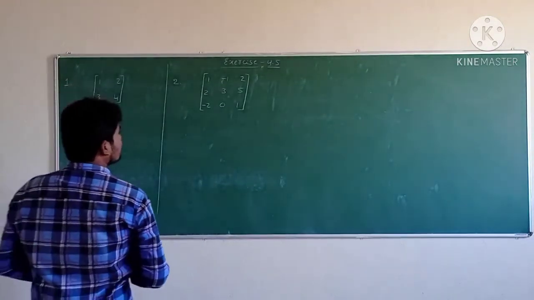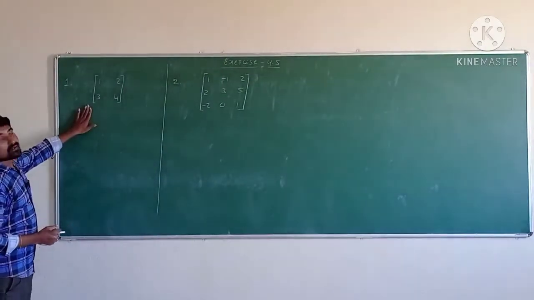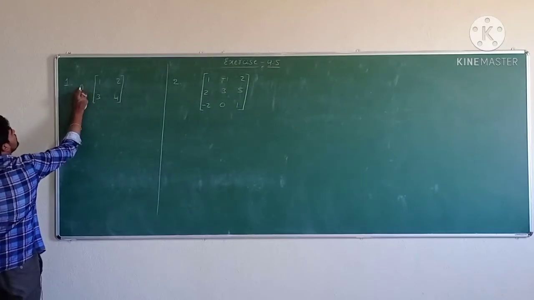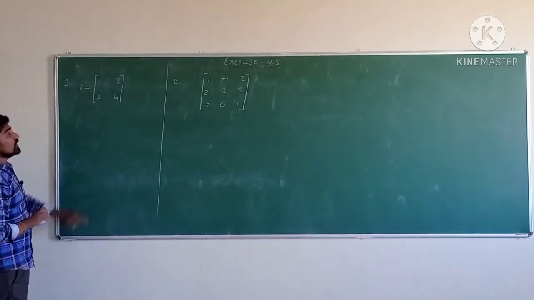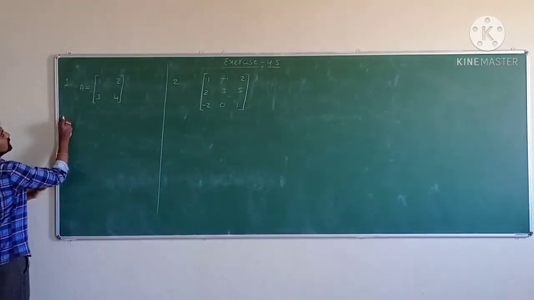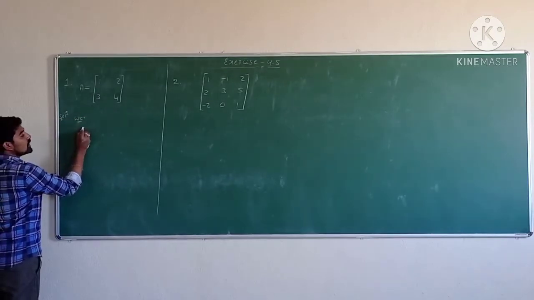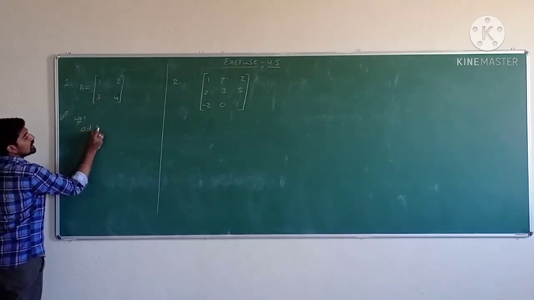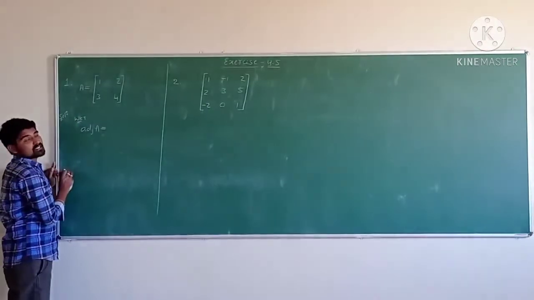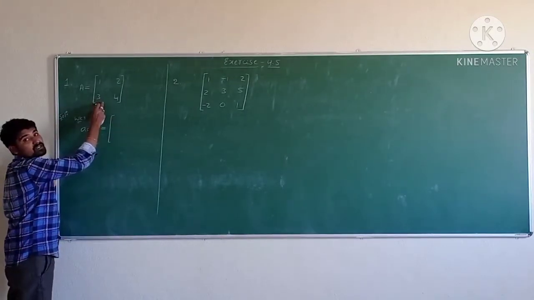Let's start exercise 4.5. In that, the first question is: find the adjoint of the given matrix. For that, let the given matrix be A. Now we need to find the adjoint of matrix A. We know that adjoint of the matrix A is the transpose of the cofactor matrix of the matrix A, and this is a matrix of order 2 cross 2.